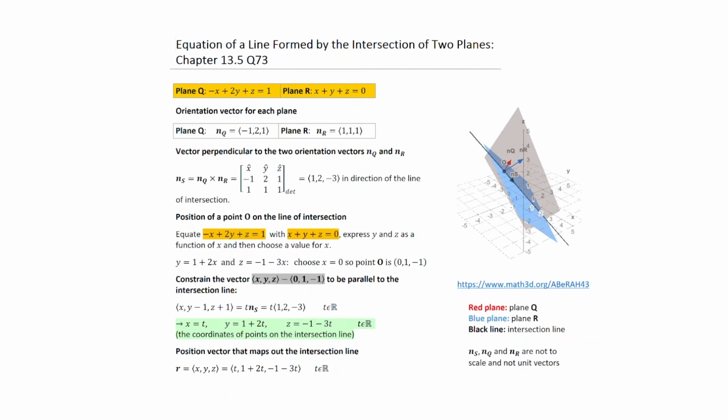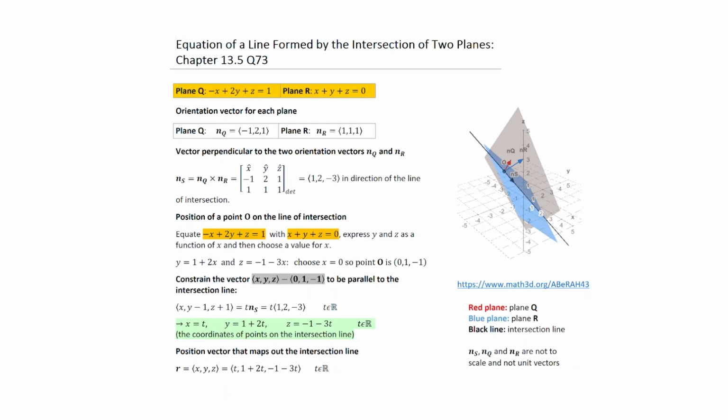And so what we do is to realize that if we have a vector that's parallel to the intersection line, and we know the direction of that intersection line because it's been pre-computed as NS, then any linear scalar factor with respect to NS will be equivalent to that vector. And so we've chosen t to be this scalar value.